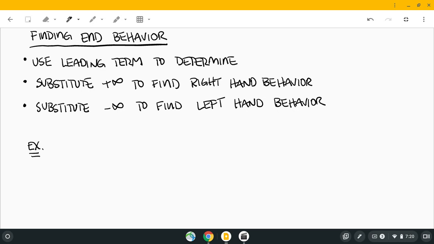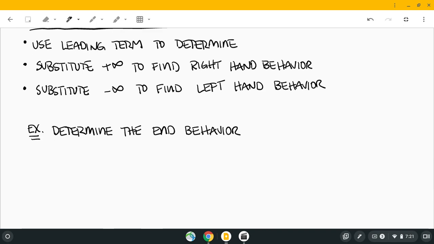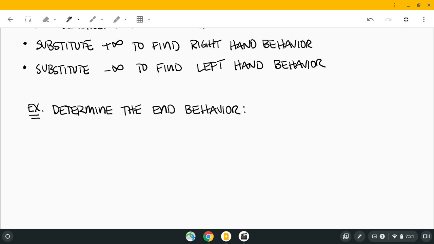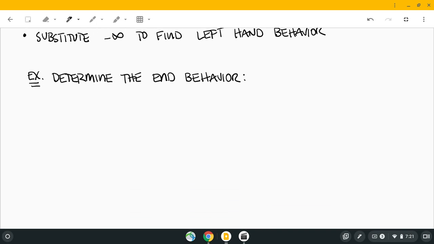All right, determine the end behavior. I'll just write that once, and we'll do several. Okay, let's do this polynomial.